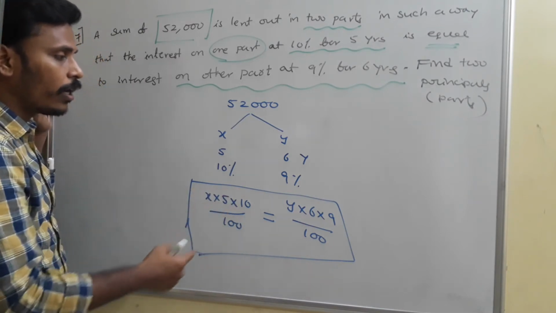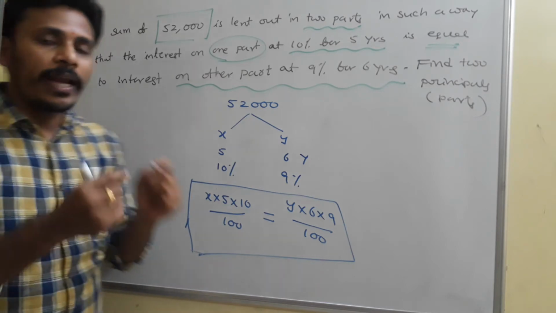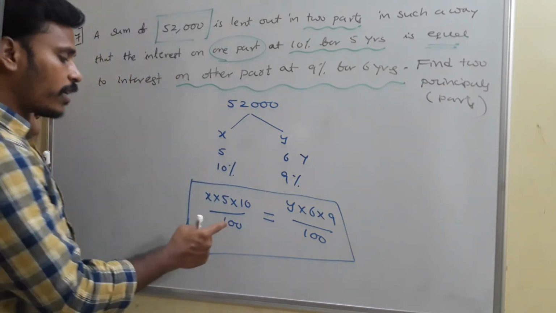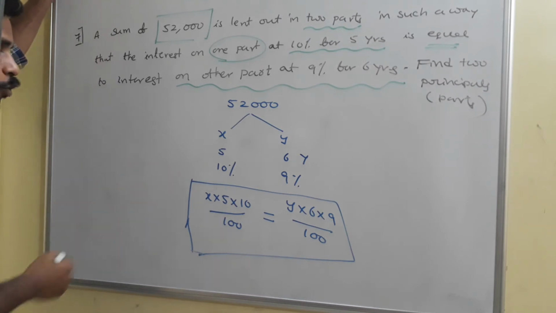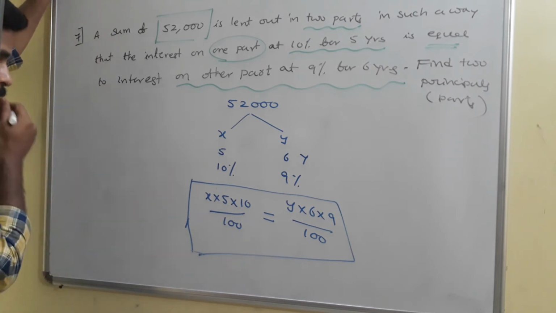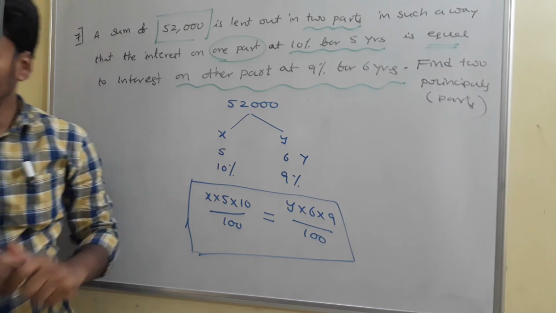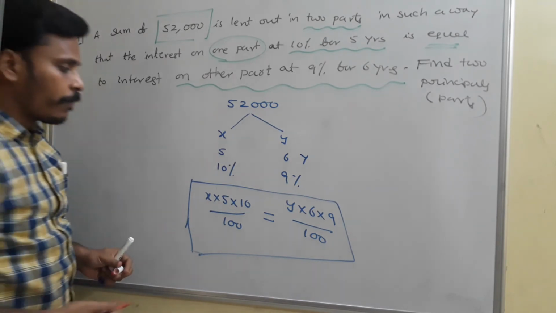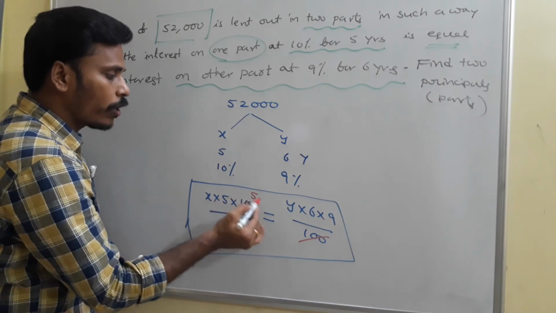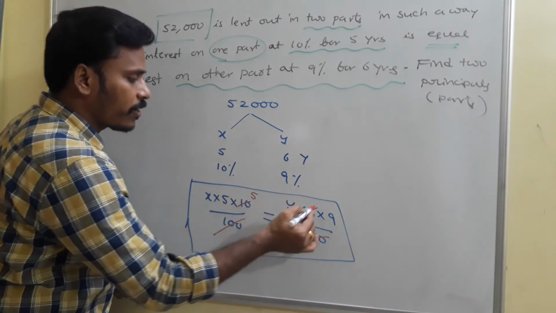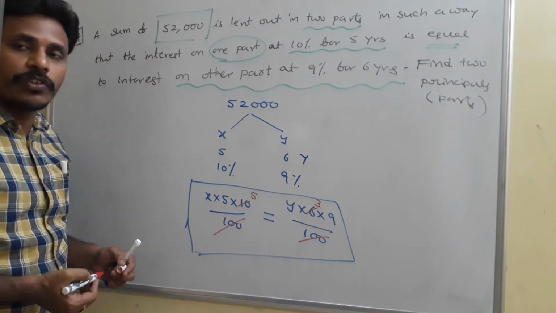Since they are equal, you just solve them to get a relation between x and y. Divide by 100 and 100, so the two hundreds get cancelled. Then 5 into 5 is 25, 5 into 2 is 10, and 2 into 3 is 6.